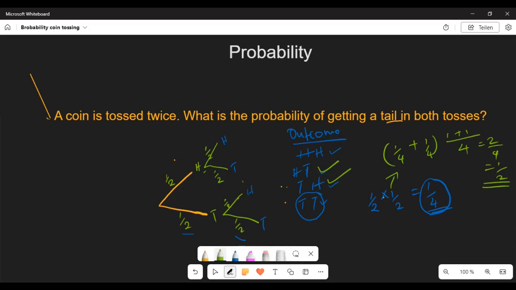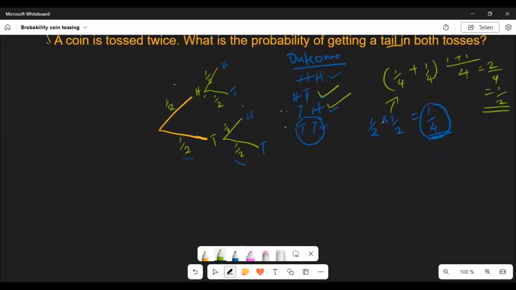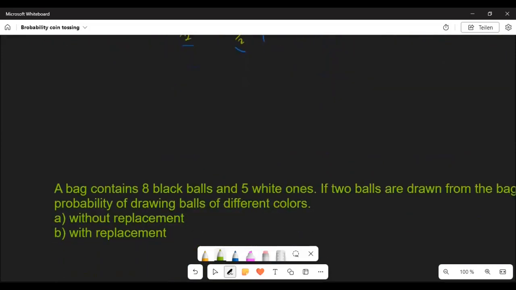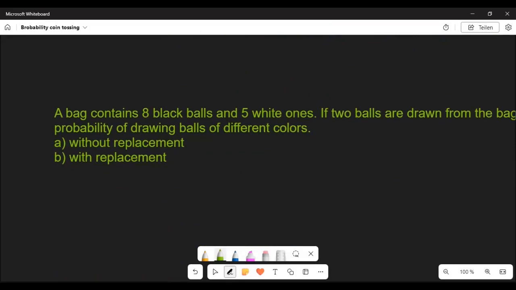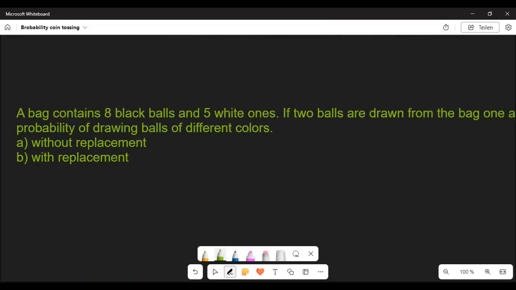I'm going to look to the next questions where we're going to talk about probability with replacement and probability without replacement. So in these questions, we're going to talk about a bag containing, so there's a bag.